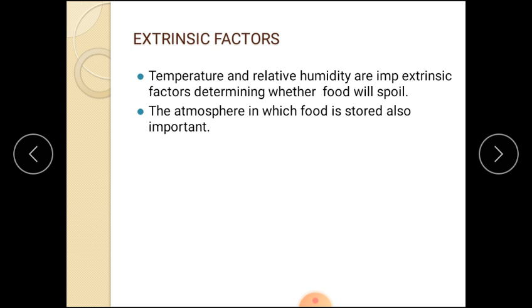The very important extrinsic factors are temperature and relative humidity, which determine whether the food will spoil or not. Other is the atmosphere in which the food is stored, that also determines whether the food is going to spoil or not. So these were some factors on which the growth of organism is dependent.